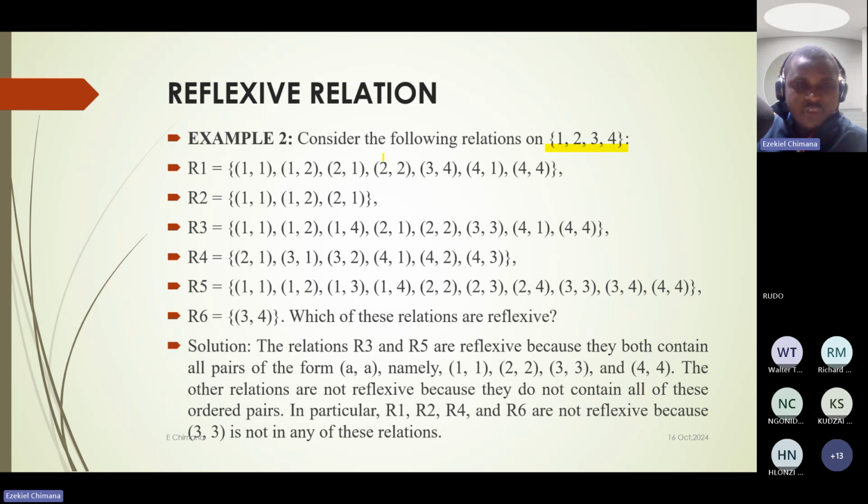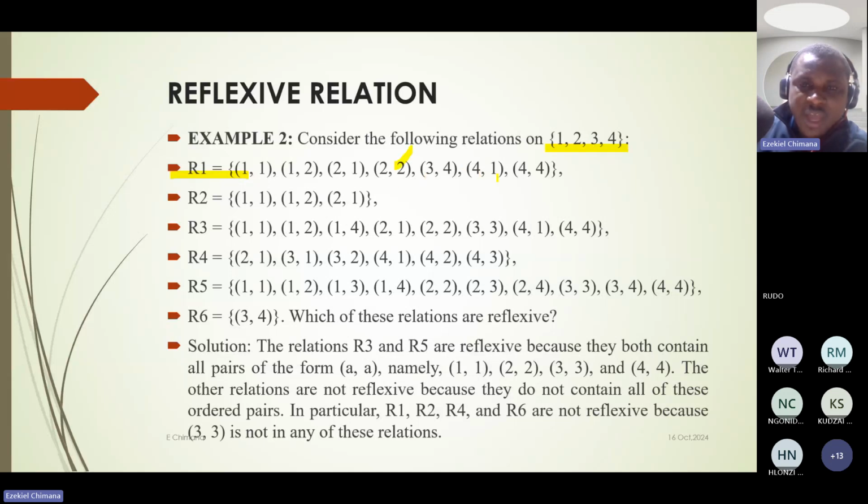So we need to pick from these which ones are reflexive relations. So if you look at relation 1, is this a reflexive relation? Let's look at it. We've got 1, so we must have a 1, 1. We've got a 2, so we must have a 2, 2, which is here. We've got a 3, so we must have a 3, 3.